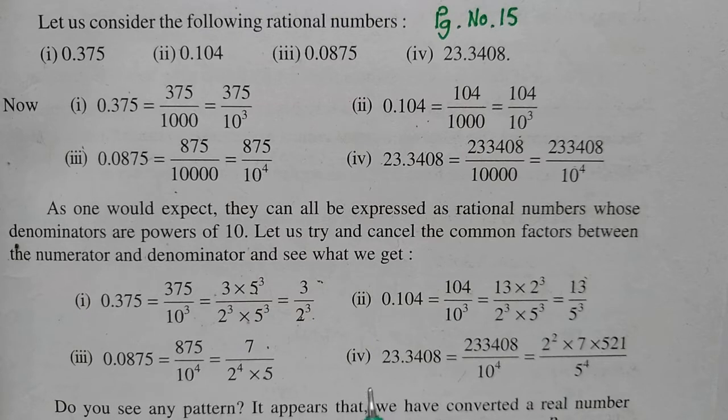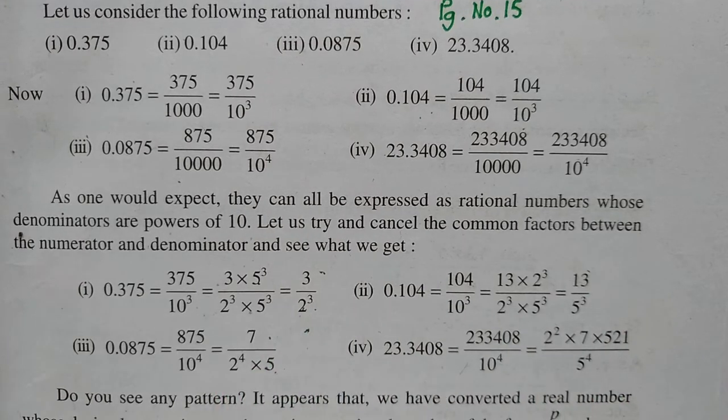If like this you get a rational number in which the denominator has either 2 or 5 or both, then children, we can say that the decimal expansion is terminating.